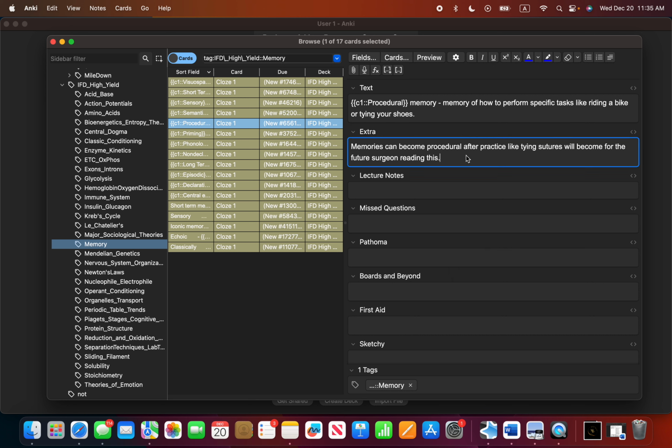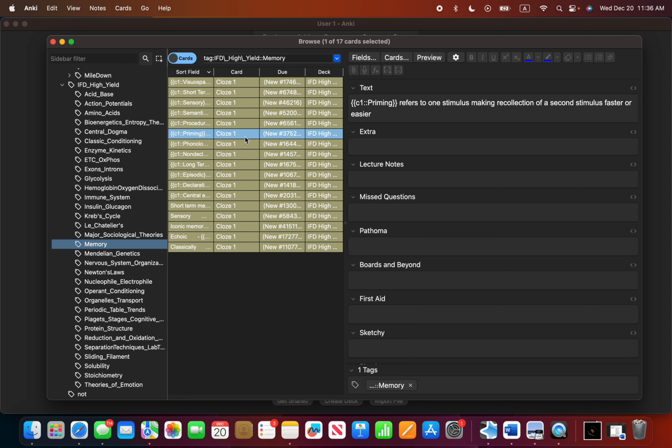Memories can become procedural after practice, like tying sutures will become for the future surgeon reading this. Tying sutures. It's like procedural. Priming refers to one stimulus making recollection of a second stimulus faster or easier.